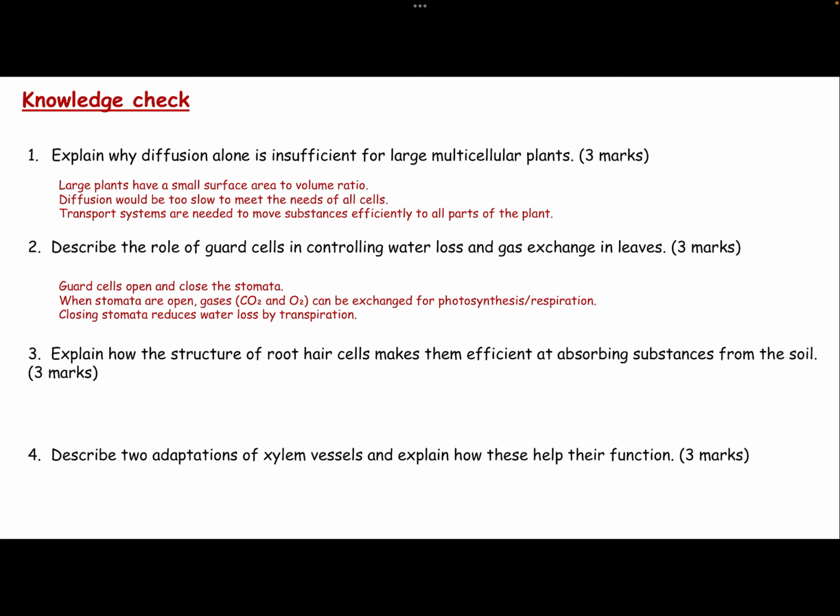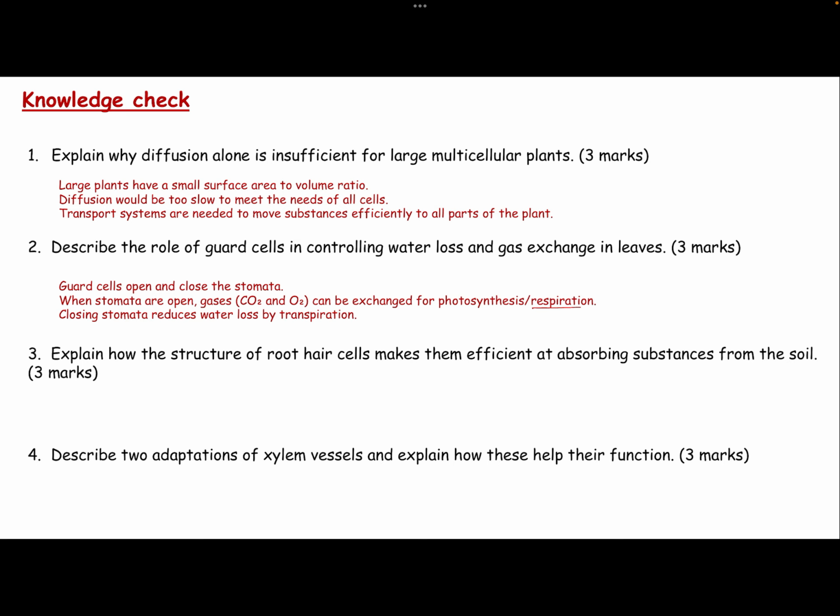Because even though we haven't stressed much about respiration, respiration requires oxygen. Closing stomata reduces water loss by transpiration. And of course, plants do respire as well, not just animals.